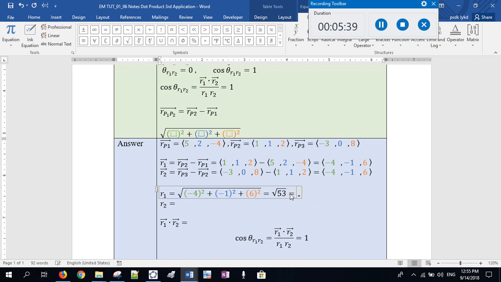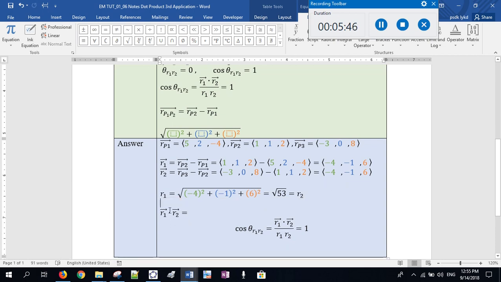And the magnitude of R2 will be the same because these two are identical, so no need for this one.